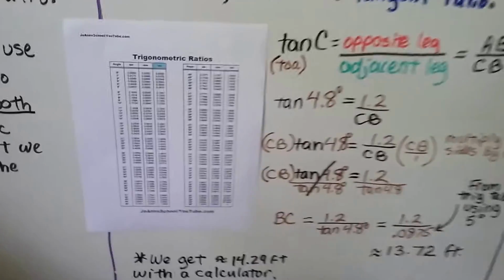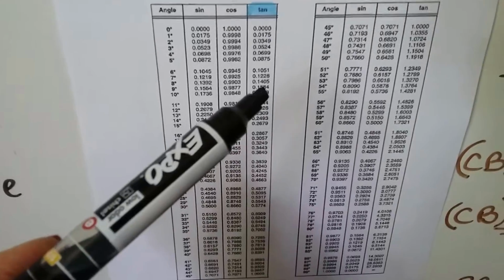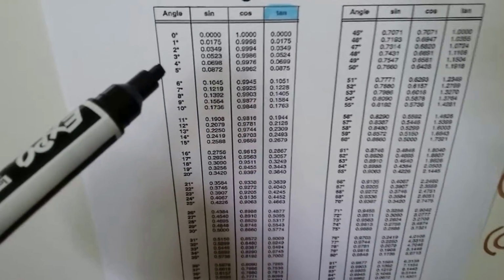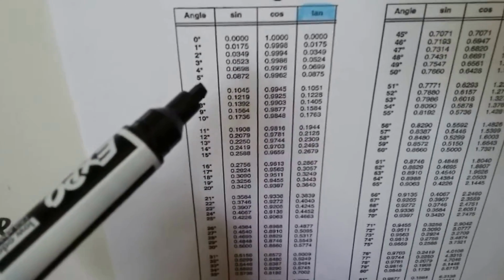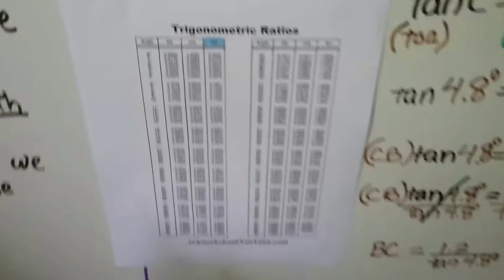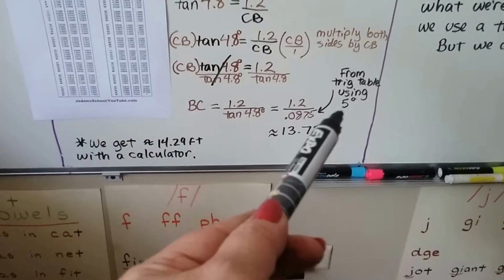Now, looking on the trig table in the tangent column, if we look here very carefully, I don't see a 4.8 degrees. I see it goes from 4 degrees to 5 degrees. So what we do is 4.8 is closer to 5. We use the 5 degrees. Okay?